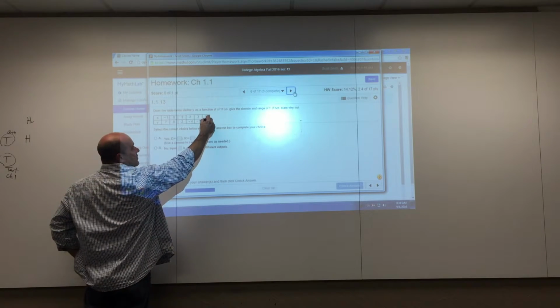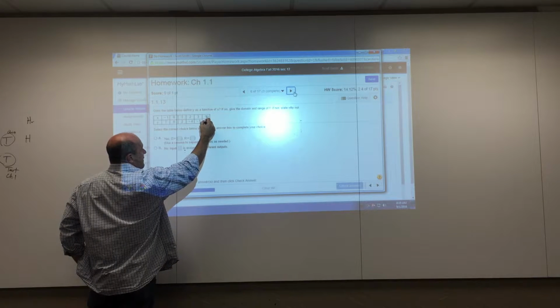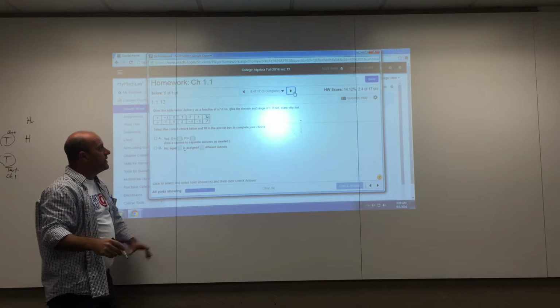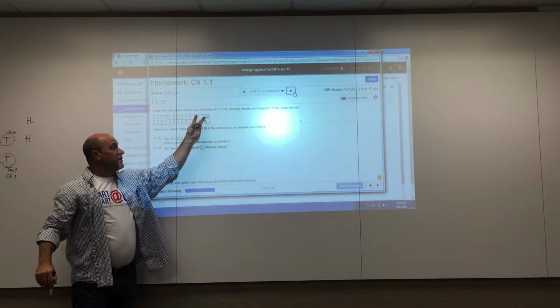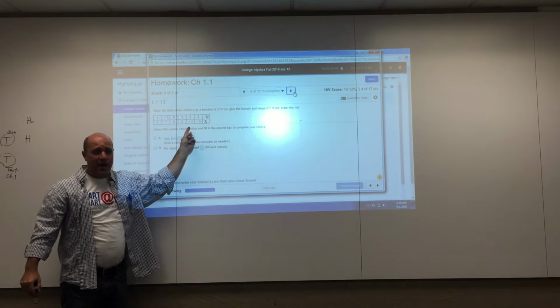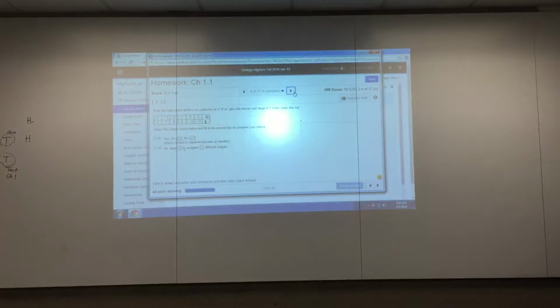Maybe this 3 shows up again and it has a different y value, like a 7 or an 8. Now that one input has 2 outputs, right? That would not be a function. I guess this one is. And then I could tell it the domain and range, which would simply be a list again.